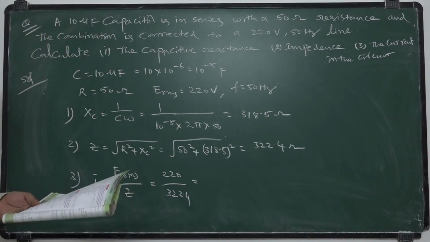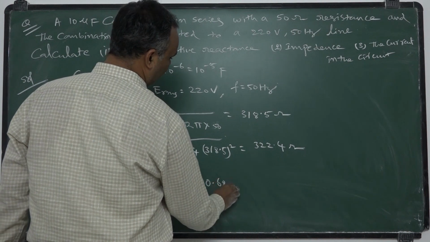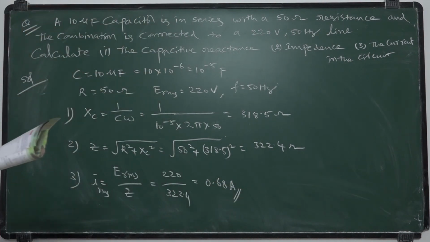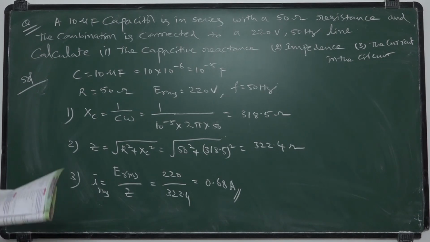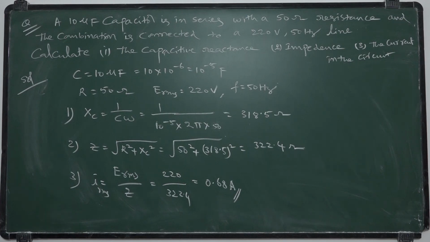On simplification of this, you will get some 0.68 amperes. 0.68 amperes is the solution for the question. Very, very simple. By knowing the basic formulae, you will get the solution for the question. I hope everybody followed this.